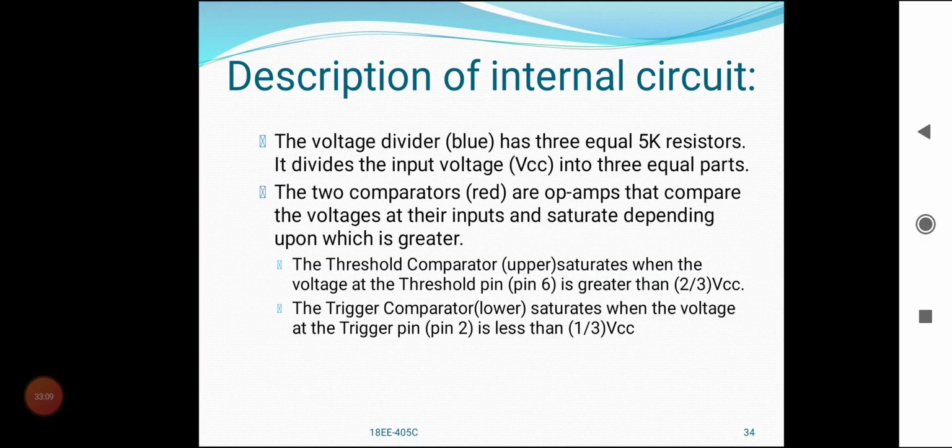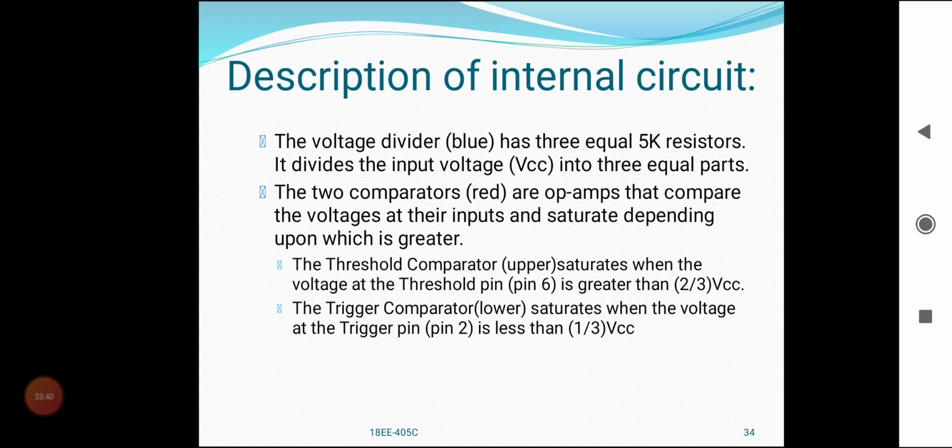The voltage divider, in blue, has 3 equal 5k resistors. It divides the input voltage VCC into 3 equal parts. The two comparators, in red, are op amps that compare the voltages at their inputs and saturate depending on which is greater. The upper threshold comparator saturates when the voltage at threshold pin 6 is greater than 2/3 VCC.